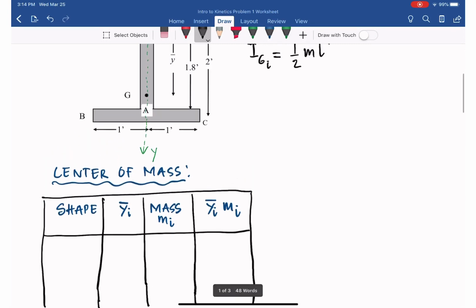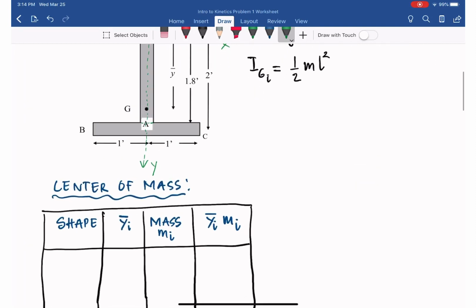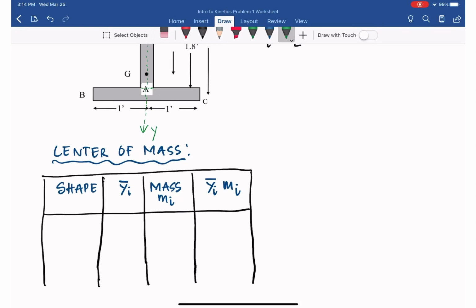So the first table we make. This is a composite body. We have to break it down into two. The first is the vertical rod that we highlight here from O to the point there, and then the horizontal rod BC. Those are the two shapes that we want to draw.